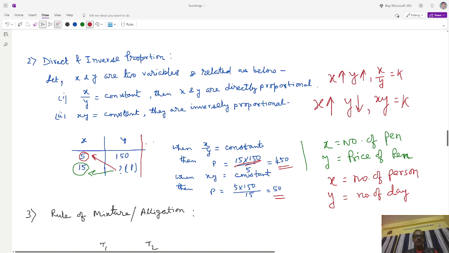In these two variable cases, you might have found that this is not so much different from the unitary method, but in case of 3 variables or 4 variables and so on, this direct and inverse proportion method is very helpful and time saving.